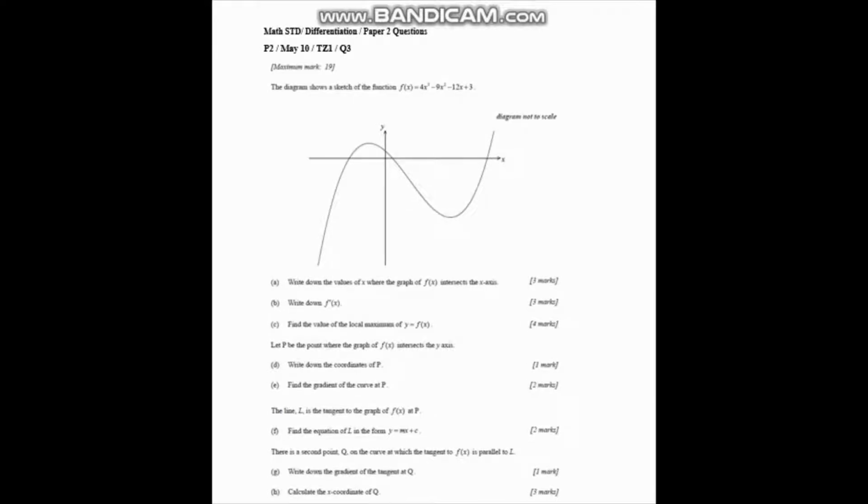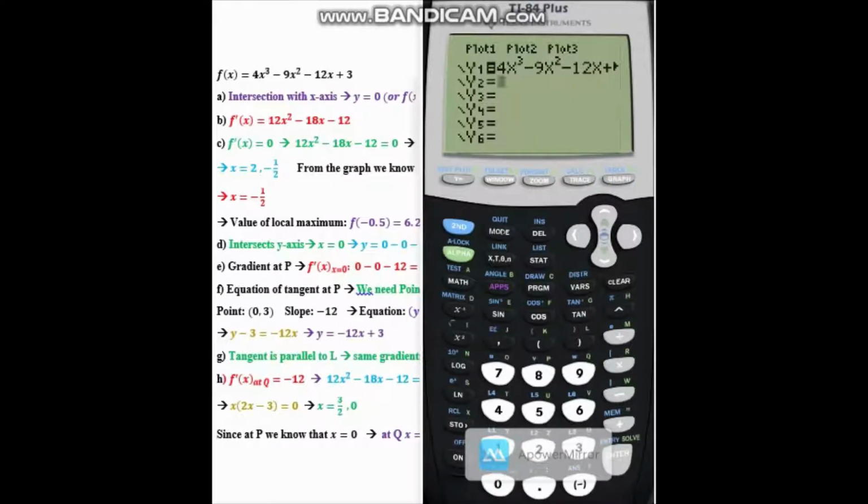So you are given this function right there, and in A you are required to write down the values of x where the graph of f intersects the x-axis. So I've written down the equation on the calculator.